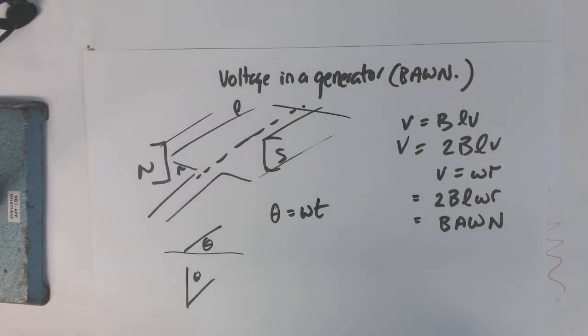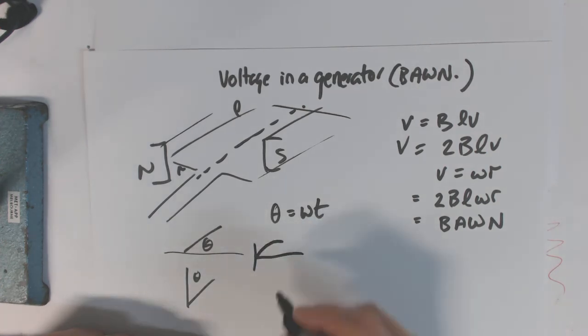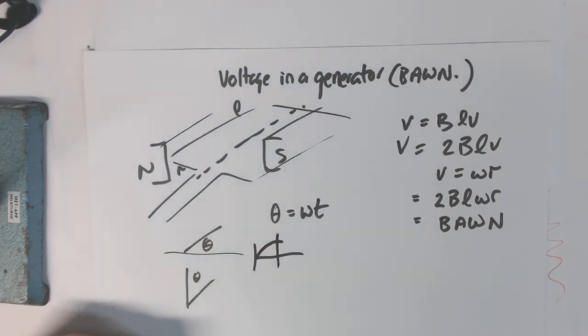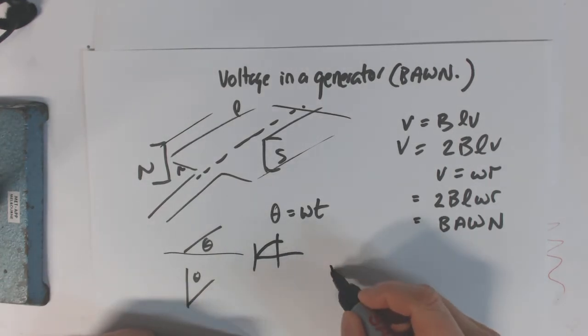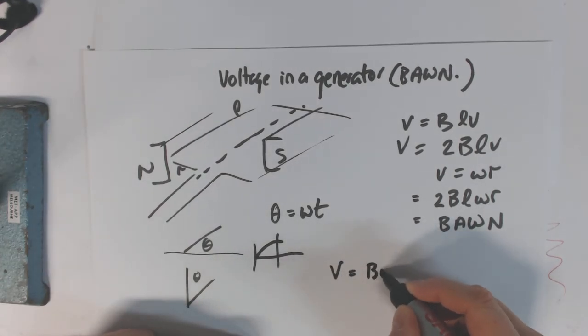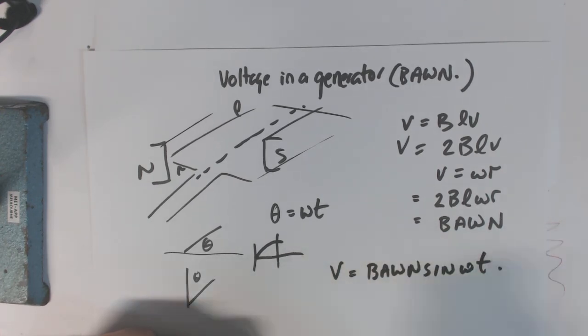So we've got maximum voltage at, and to get a sine, maximum voltage, we just think about our sine curve and we go, okay, so at 90 degrees we've got a maximum sine. So I'll measure my angle from the vertical and I can then say that the voltage is equal to BA omega N sine omega t. We've now got the formula for the voltage in a spinning coil with N number of turns.